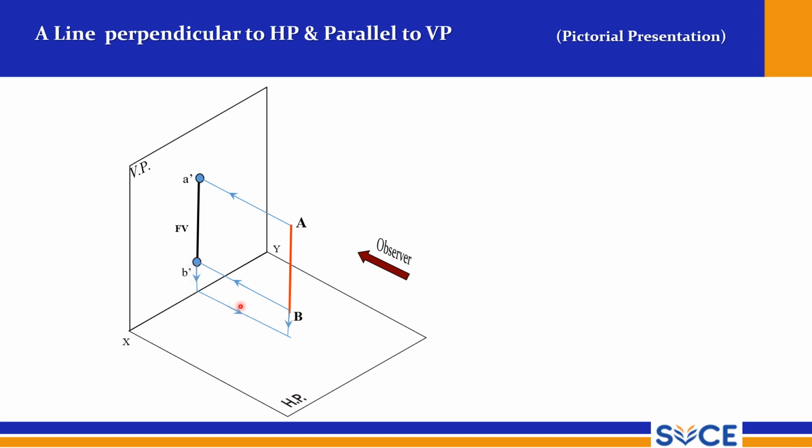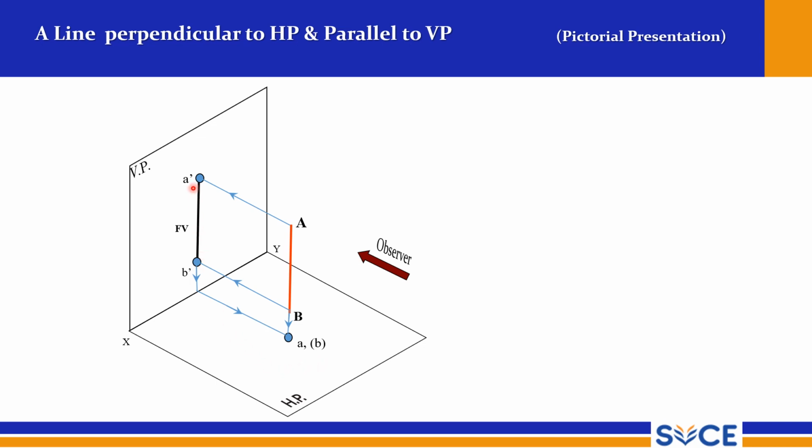This is known as the projector. Here A is visible, and B is within brackets. Whatever notation you find within brackets is known as an invisible point. Always an invisible point should be represented within brackets. So this is how you should notate.